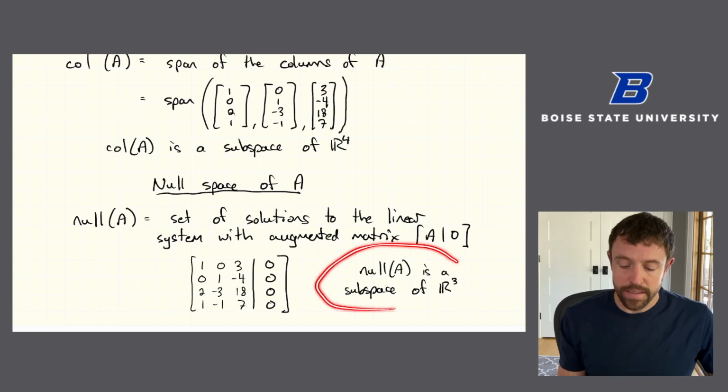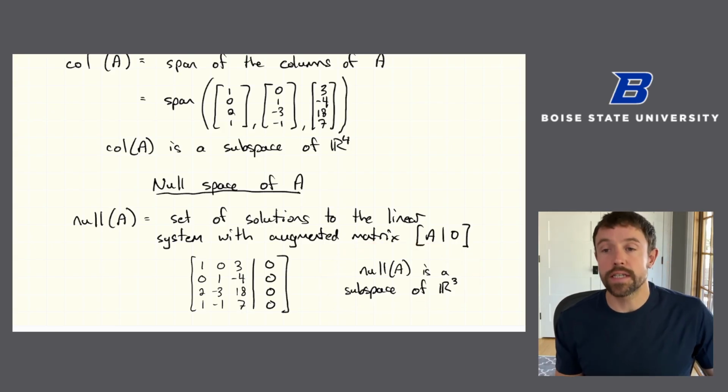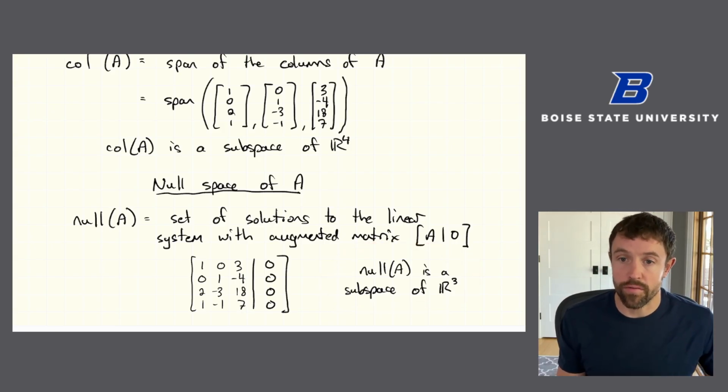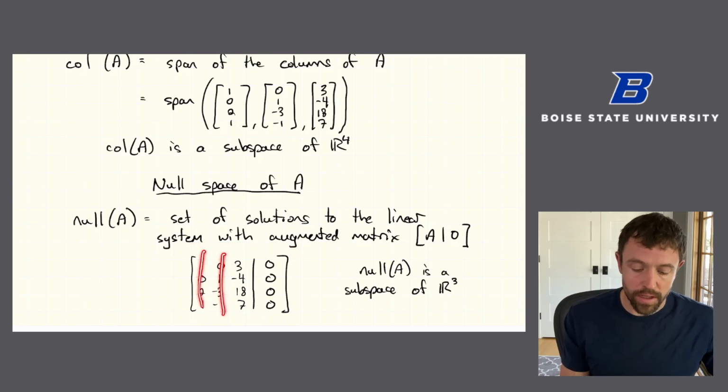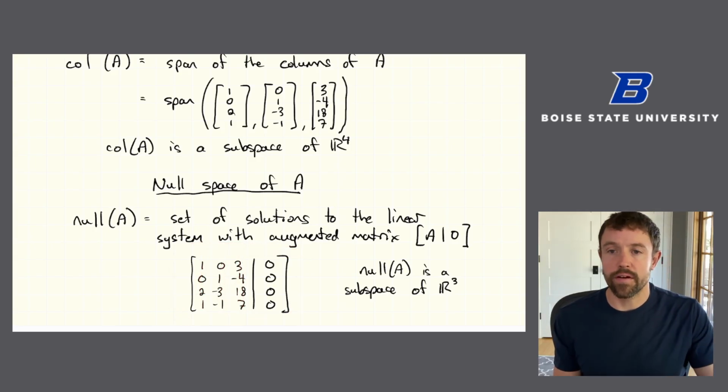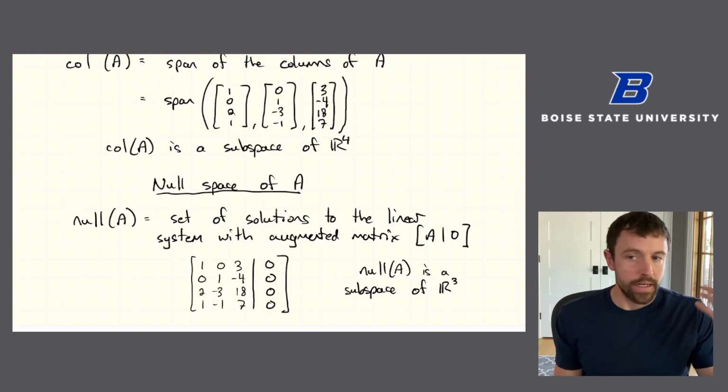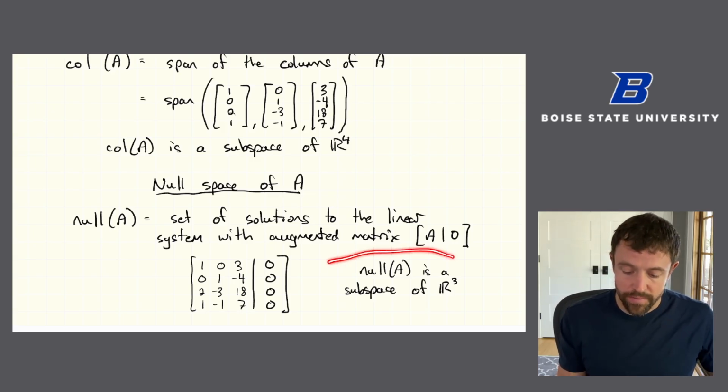So the null space is the set of solutions, and in this case, it's a subspace of R3. Because in an augmented matrix with this sort of form, each column corresponds to a variable. We have 3 variables. Any solution is going to be a vector with 3 numbers, 1 for each variable. So the null space of the matrix is a subspace of R3.